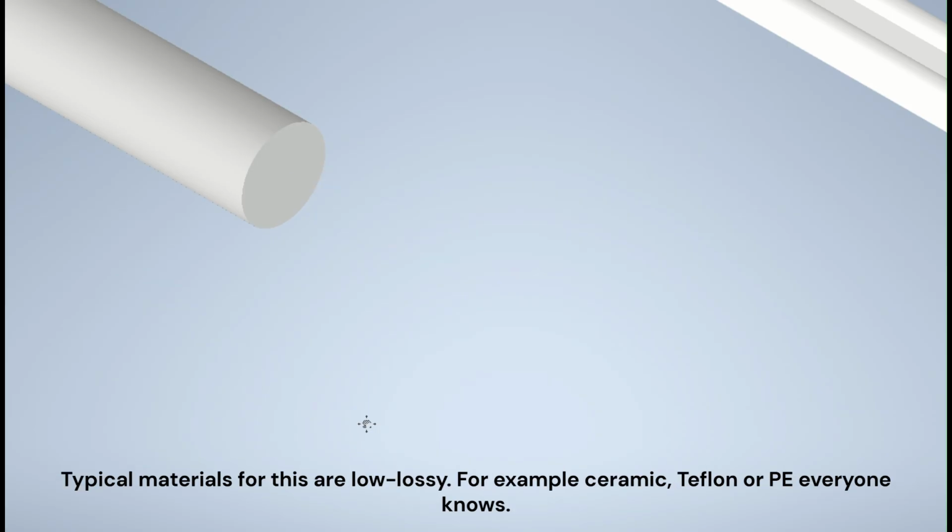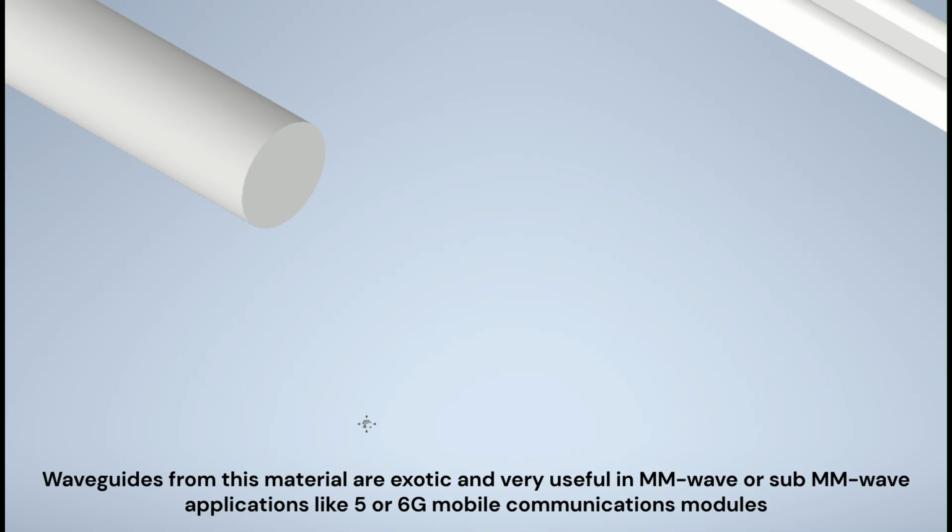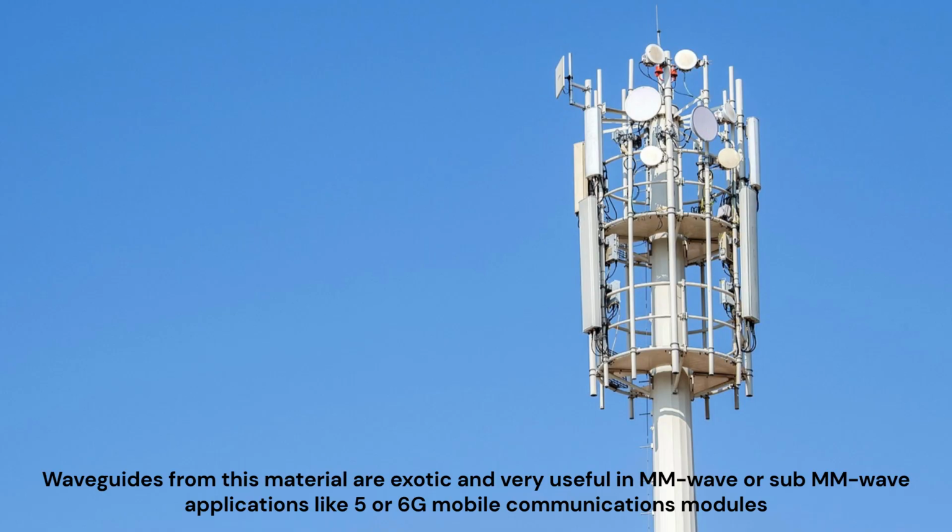Typical materials for these are low-loss, for example ceramic, Teflon or PE, which everyone knows. Like these cheap shot cups, for example, are made out of PE. Waveguides from this material are exotic and very useful in millimeter wave or sub-millimeter wave applications, like 5G or 6G mobile communication modules.